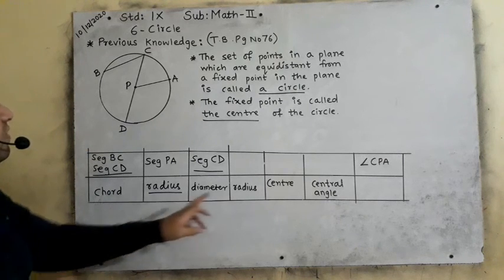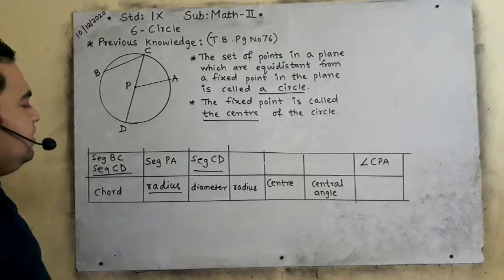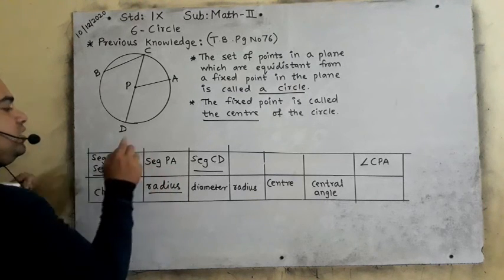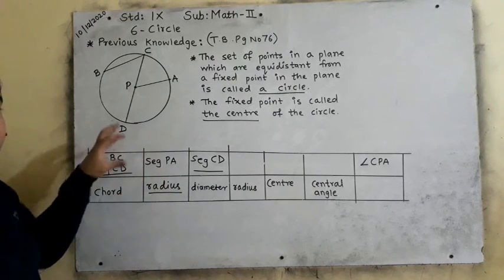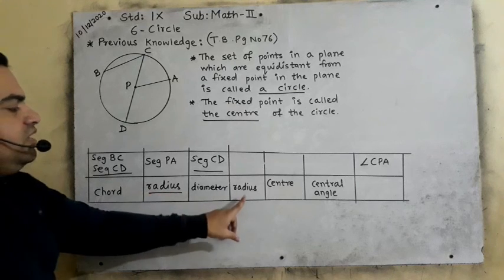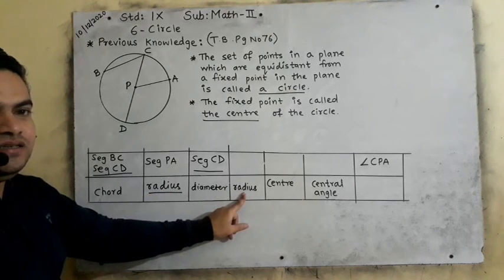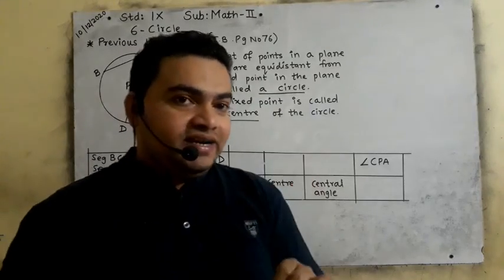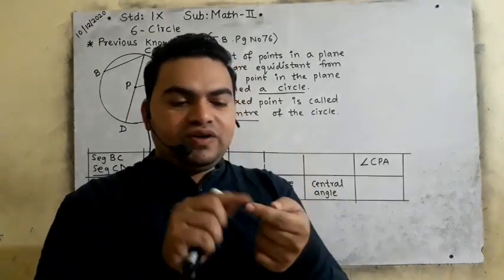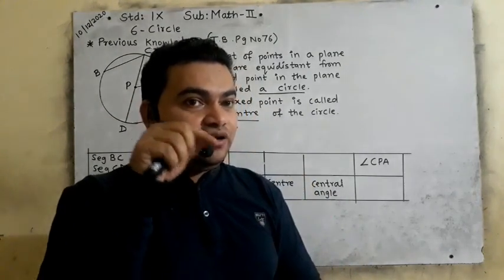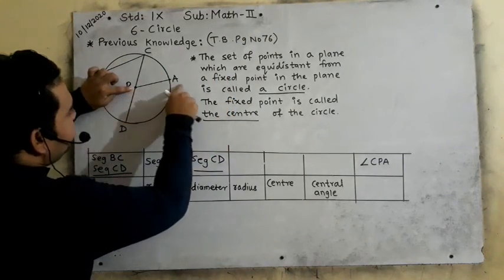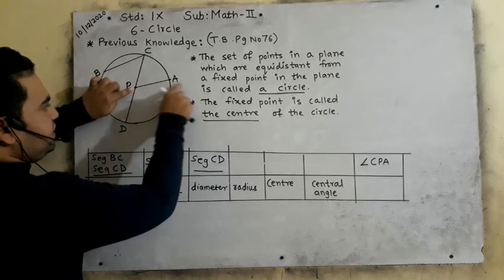Now we will move to the next, radius. Segment PA is a radius. If the question is talking about radius, you should look at the center of the circle. When the word radius comes, directly keep your finger or your eyes on the center of the circle, here P. From P to one end of the circle, radius PA.